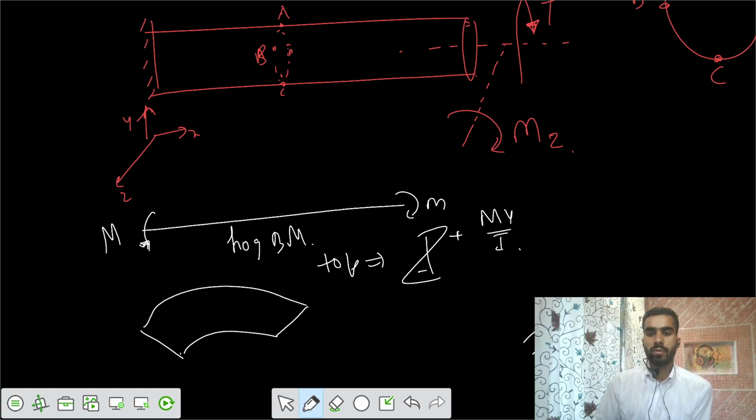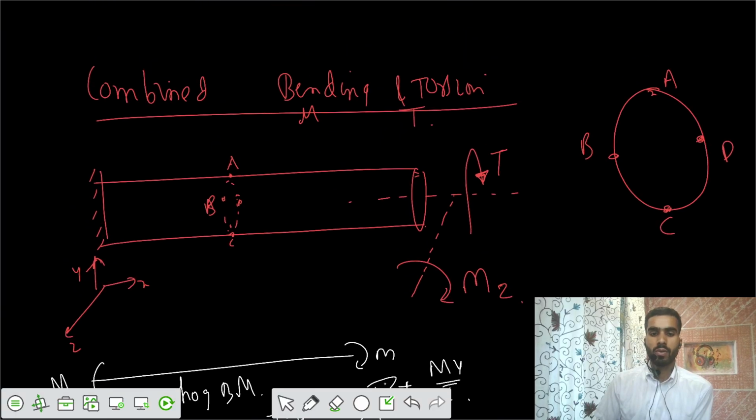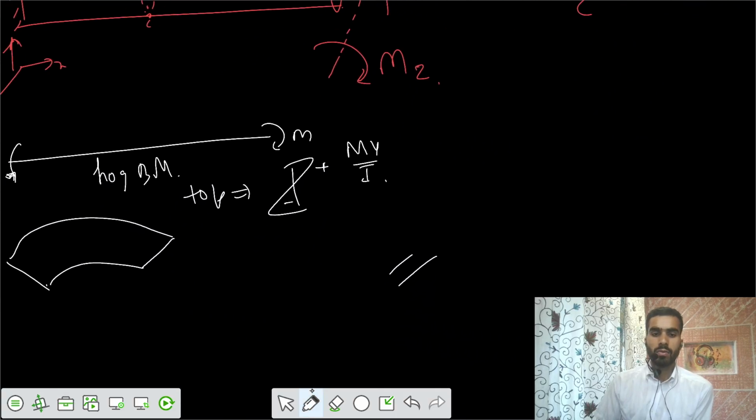If I take this section now, for the point A you have tensile stresses. For the point A, sigma A would be equal to My by I, that is equal to 32 M by pi d cube, the direct relation we have.